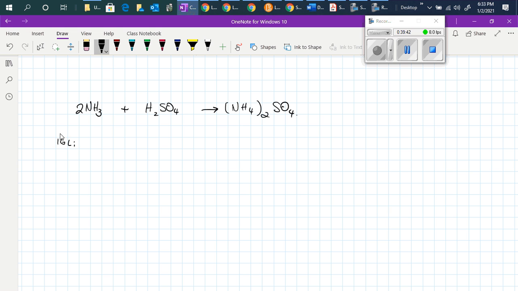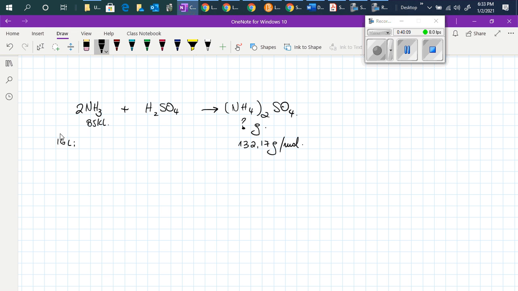Now, what is given here is 85 kiloliters, and we are looking for the mass, grams, of this. In order to find the grams, we need to know the molar mass. So I will calculate it right away and enter that information here, grams per mole.